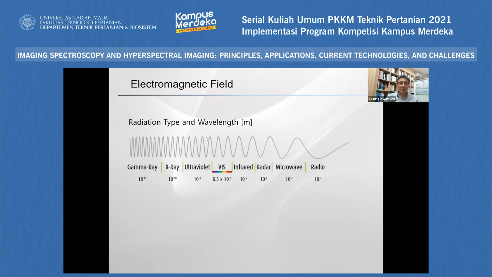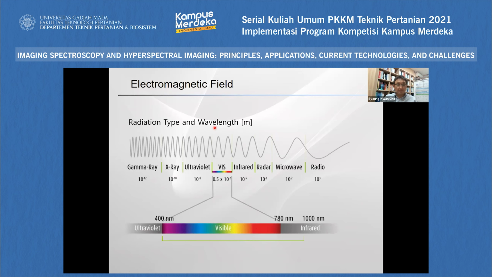Color is a certain range of the electromagnetic spectrum like this one here. There is a visible range here, right? Visible means color, because the visible range we can see. Above the visible range, longer wavelengths are infrared, and shorter wavelengths are ultraviolet, UV.